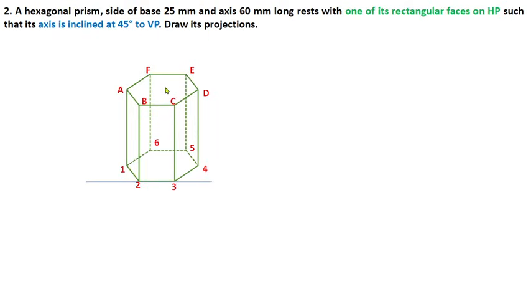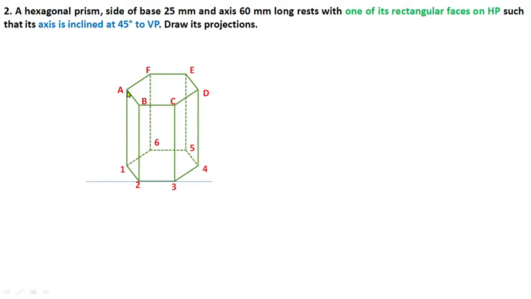Now first of all we have to be confident about longer edges, rectangular faces, edges like that. What is the rectangular face here? Here the rectangular faces, you can say the front surface like 2 3 C B is one rectangular surface, and C 3 D 4 is another rectangular surface. Similarly, there are 6 rectangular surfaces, because with 6 sides, each edge possesses one rectangular surface.